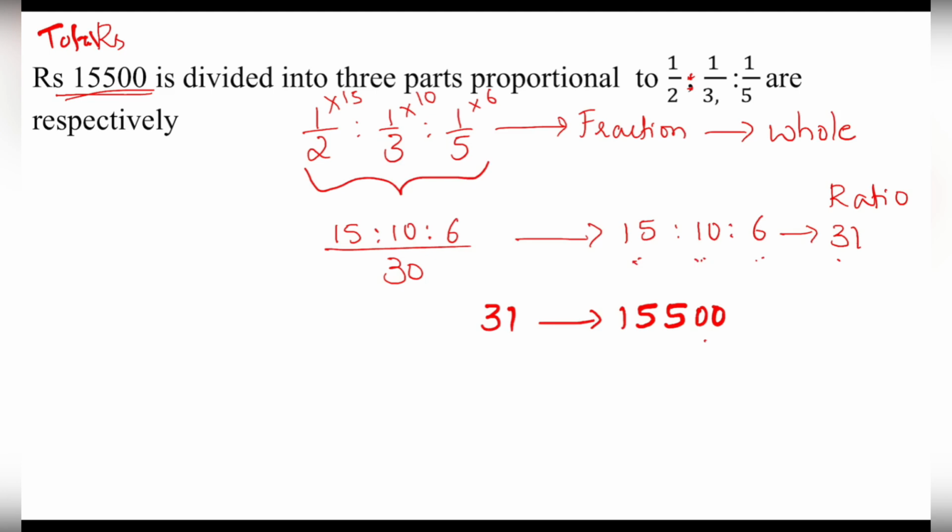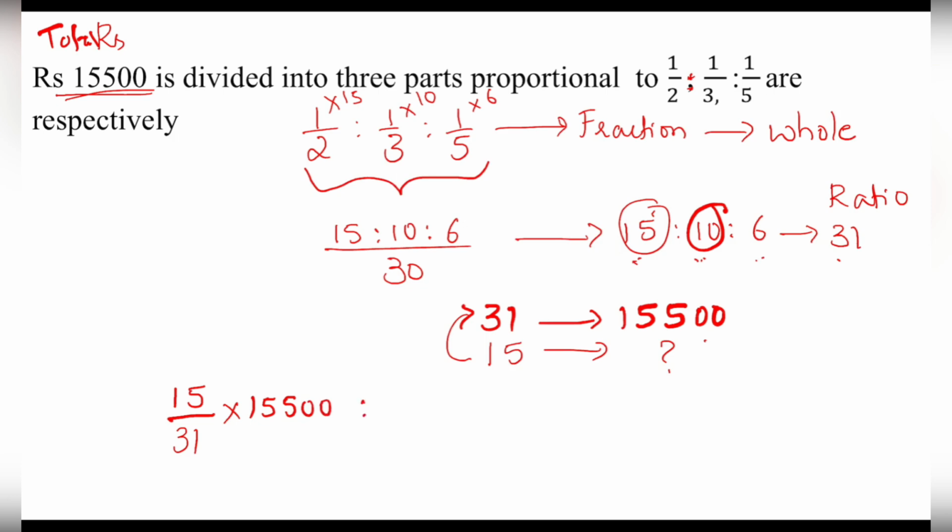So, if 31 parts is 15,500, then 15 parts is how much? Similarly, if 31 parts is 15,500, then 10 parts is how much? So, I can write it as 15 by 31 into 15,500 is to 10 by 31 into 15,500 is to 6 by 31 into 15,500.